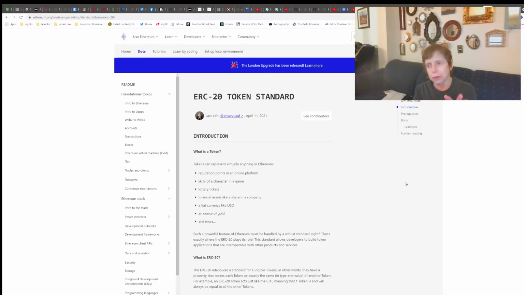A non-fungible token, you've heard a lot about them lately, might represent a piece of art or some classic video of an athlete or whatever that may be. But they cannot be broken up because it is a thing. So that's the difference between fungible and non-fungible.